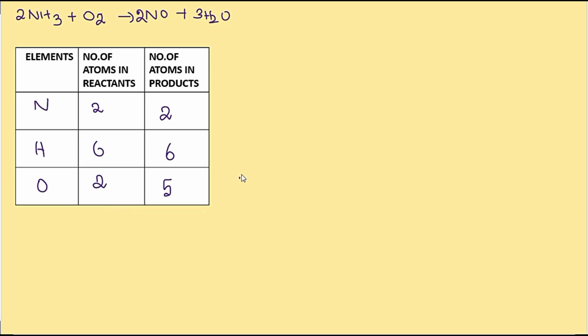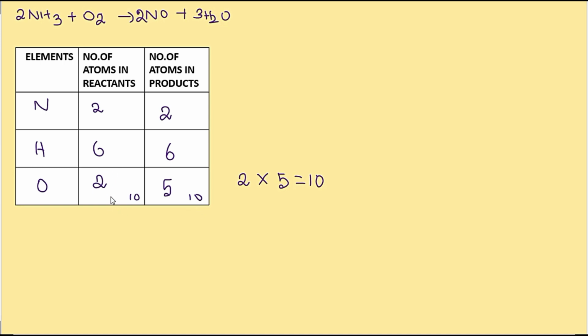We will multiply the number of atoms for both the two sides. That is, for reactant it is 2 and for product it is 5. So 2 into 5 gives us 10. That is, for both the two sides we have to make the number of oxygen atoms 10. So how this can be achieved?